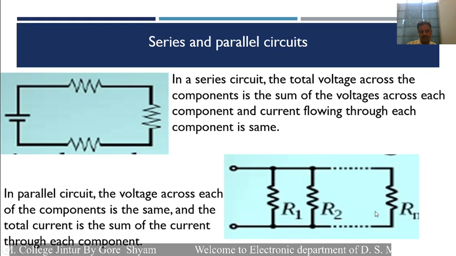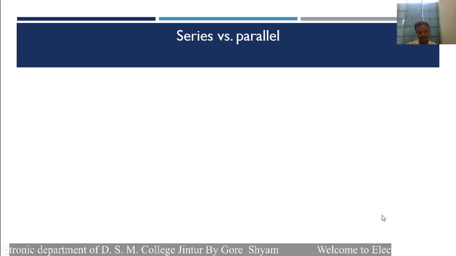In a parallel circuit, the voltage across each component, that is R1, R2 and Rn, is the same, and the total current flowing through this circuit is the sum of the current flowing through each component.